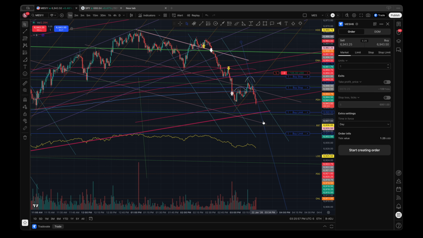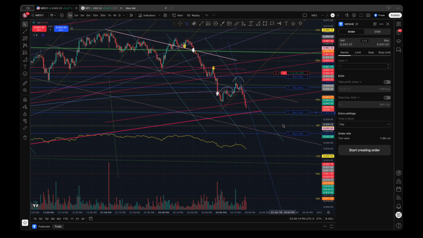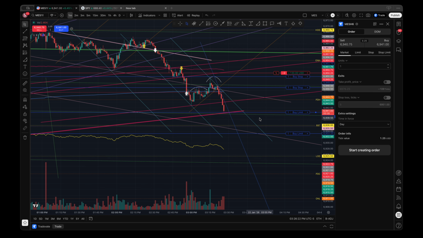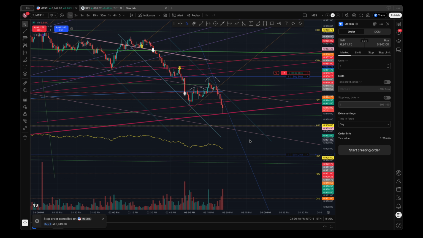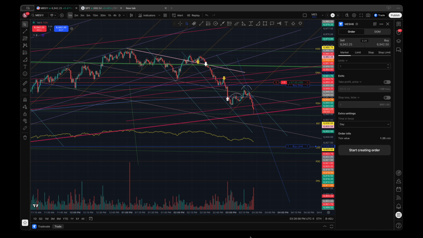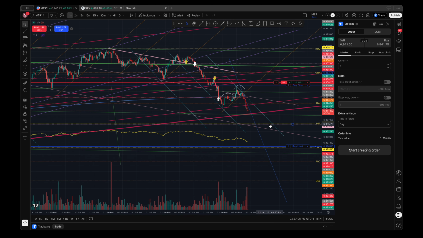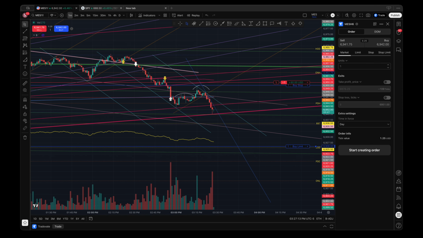I'm trying to see if we will stop at the next magenta, and this is a perfect grab. My limit order was exactly at magenta, and we hit it. I was pretty happy about this one.